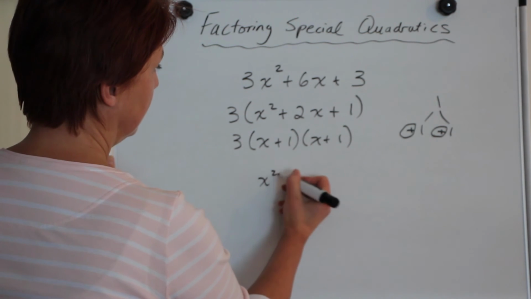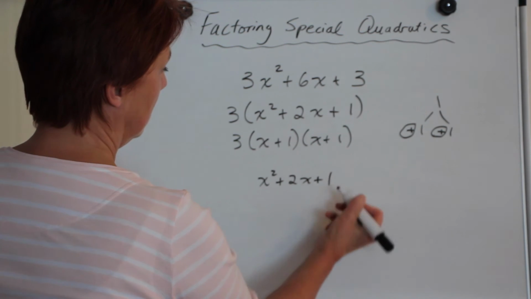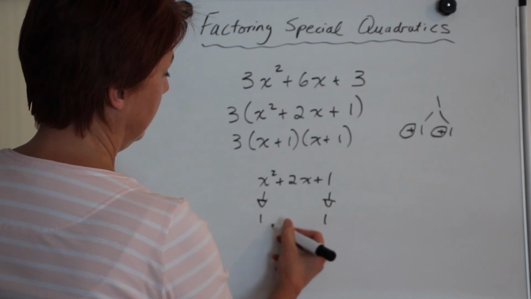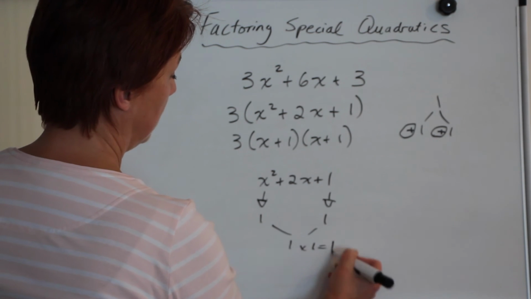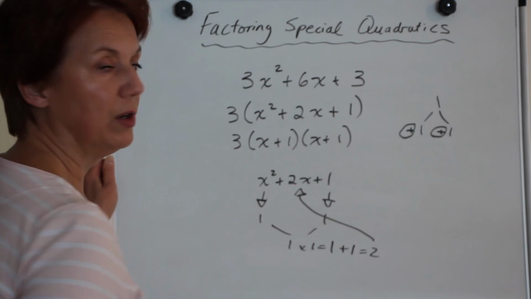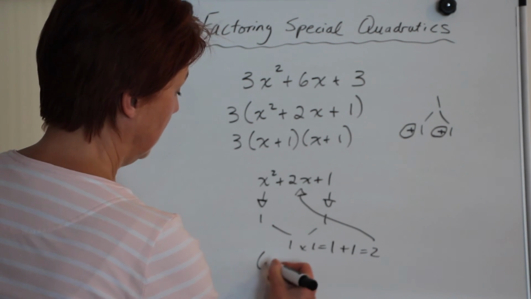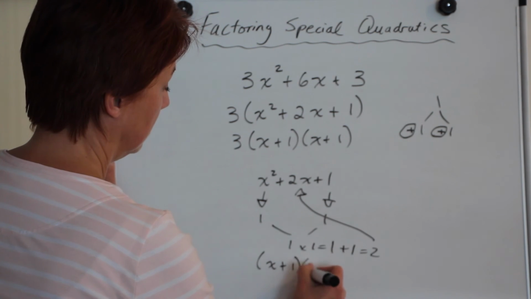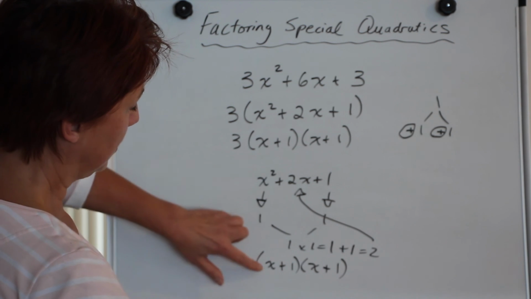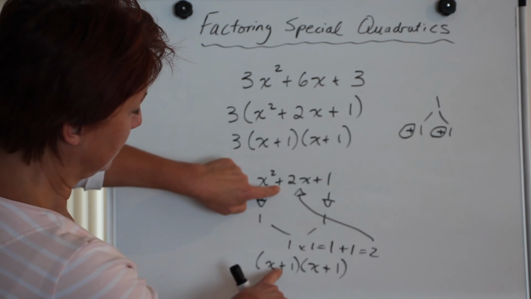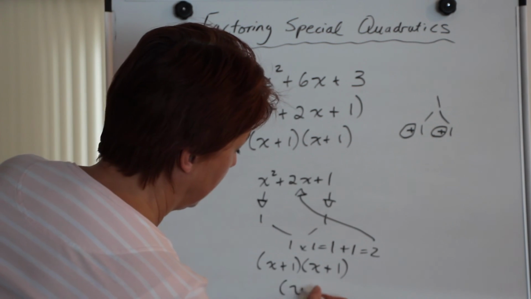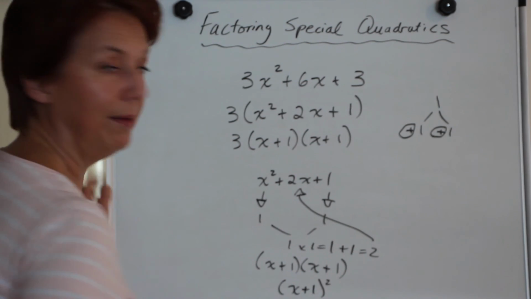So if we had just this, for example, we would say, okay, square root is 1, square root is 1, 1 times 1 equals 1, added to itself is 2, and that's that number, so we know we have a perfect square trinomial, which then factors like that. The square root of this term, which is x, plus, because there's a plus sign, the square root of this term, which is 1. Or you can also write it like that.